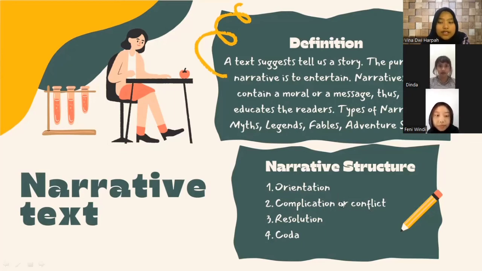In this part, the problem is rising, and the third is resolution. In this part, it describes how the characters resolve the problem. And the fourth is coda. It summarizes the narrative and marks the end.